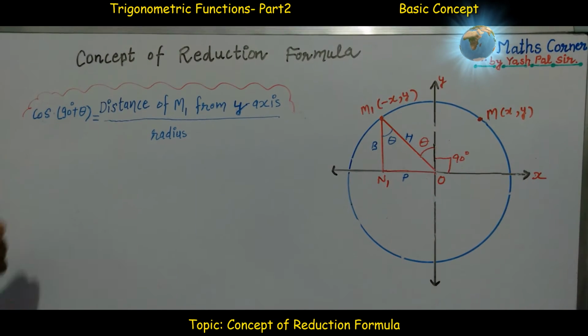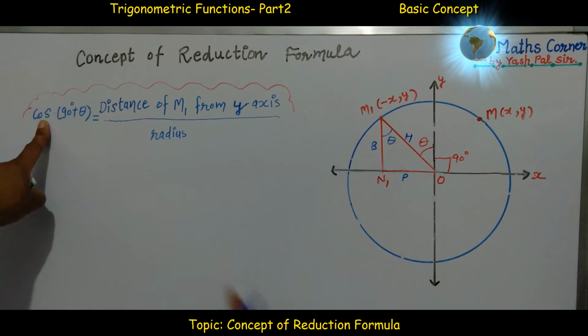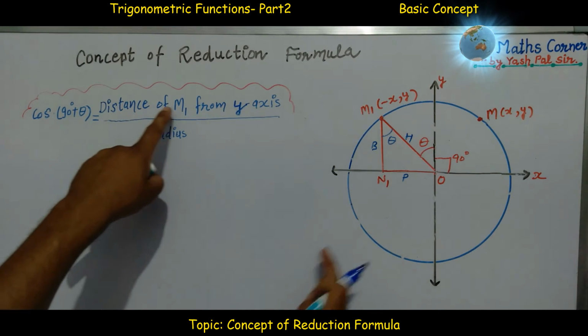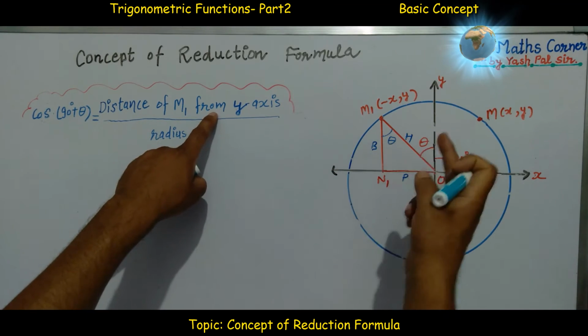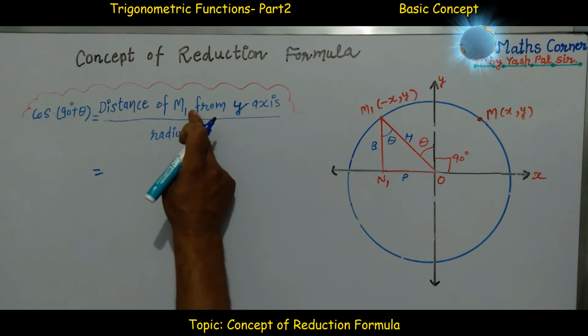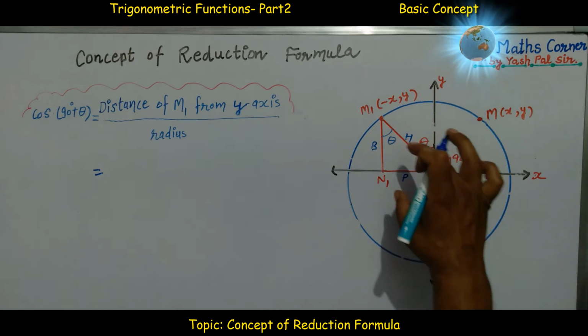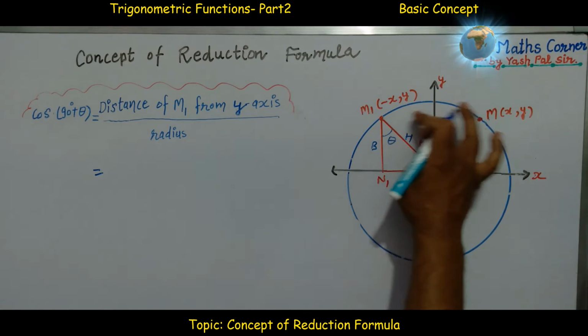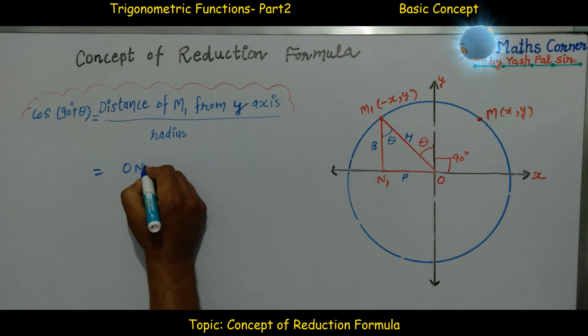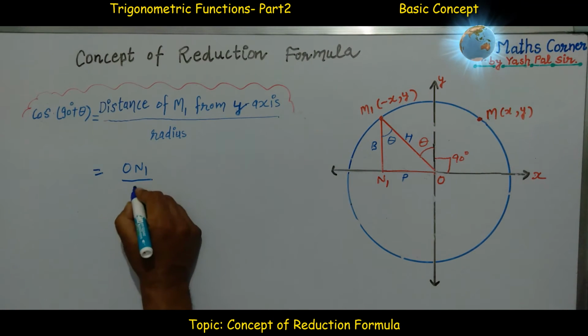Now using the definition of the cos function, cos 90 degree plus theta is equal to the distance of M1 from the y axis, divided by the radius of the circle. The distance of M1 from the y axis is ON1, divided by radius r.